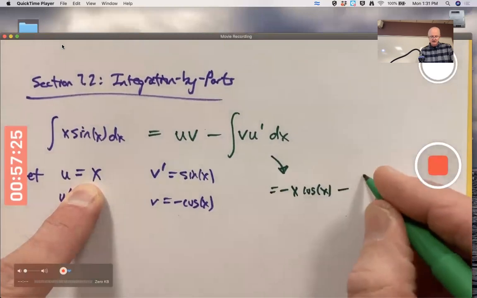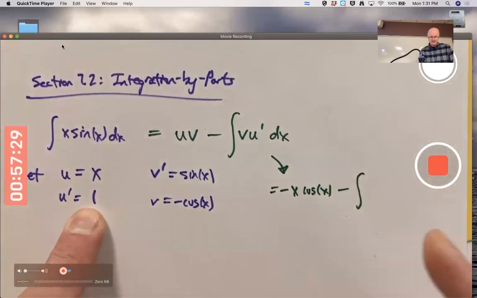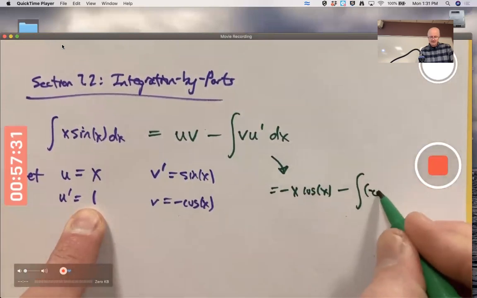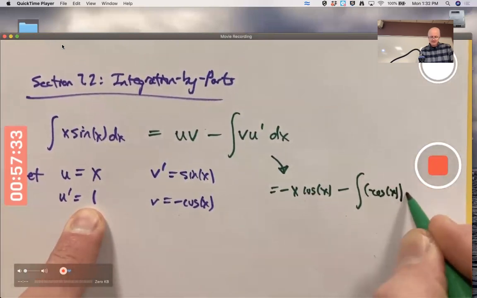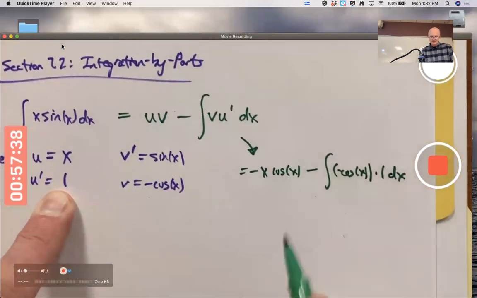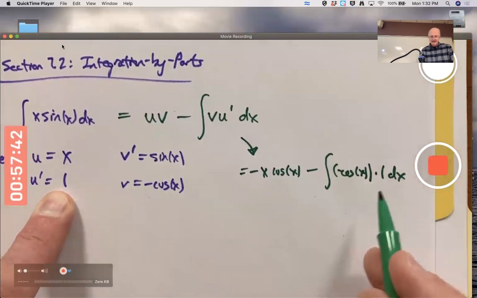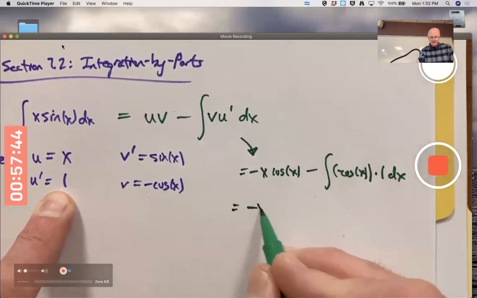Minus the integral of v times u prime, the product of these two things. Minus the integral of negative cos x times u prime, which is 1. So that's uv minus the integral of v times u prime. And yeah, that's an easier integral to do.